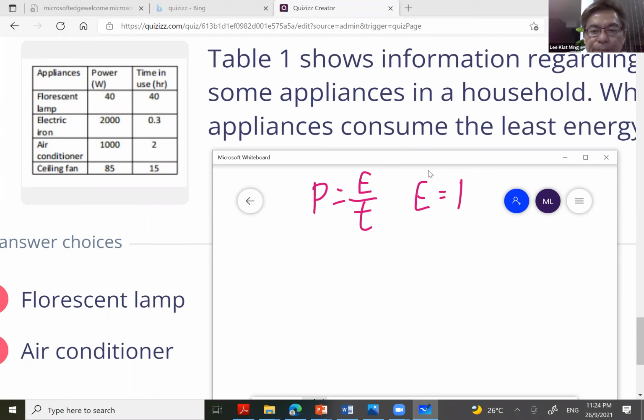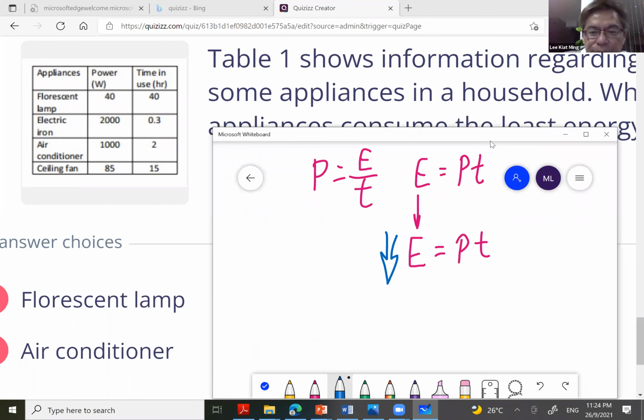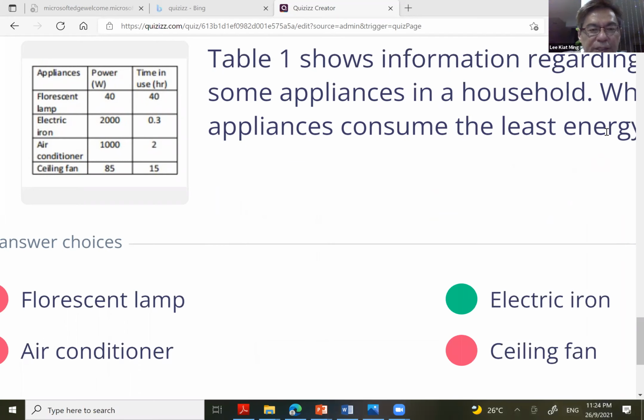So you multiply the power, given in the second and middle column, and the time. To get the least, your value of energy after multiplication must carry the minimum number, because the question asks for the least. You just check out the numbers. The answer will be the electric iron.